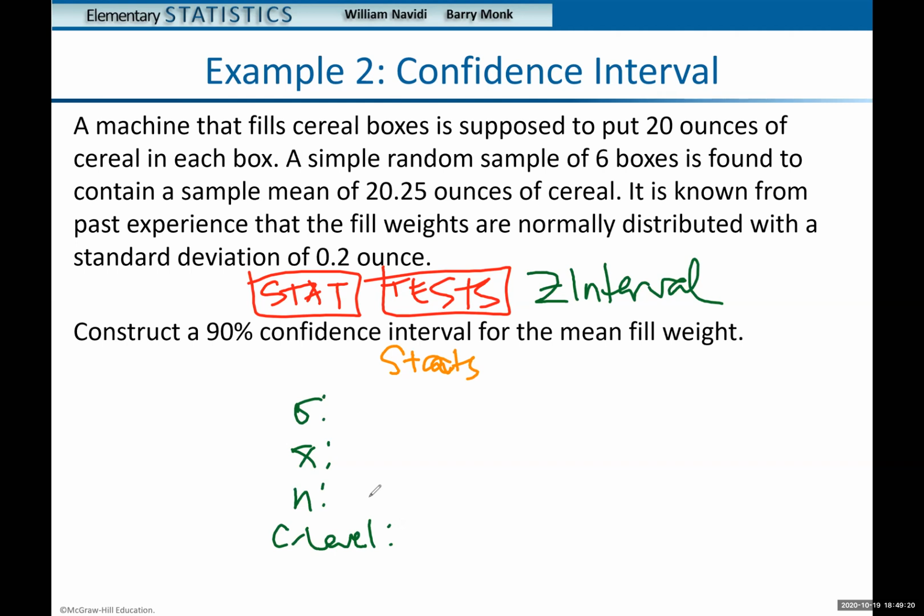You just have to enter all this: this is 0.2, sample mean is 20.25, and n is 6. What's the given confidence level? It's 0.9, not the percentage, so use decimals, and then calculate, and you will see the answers.